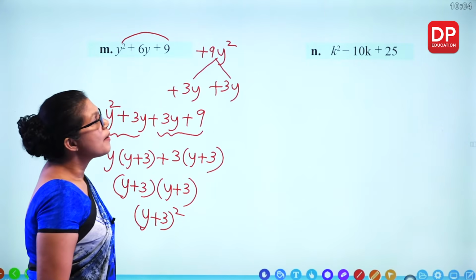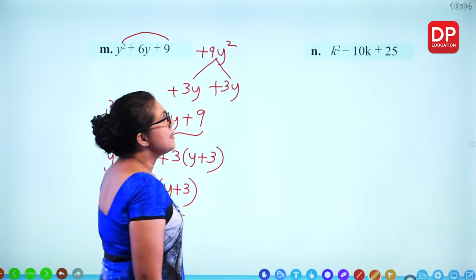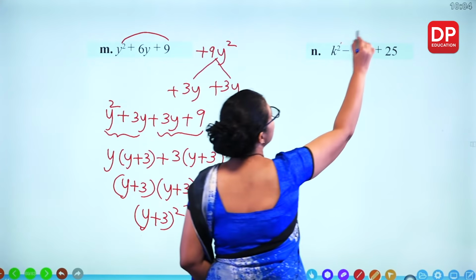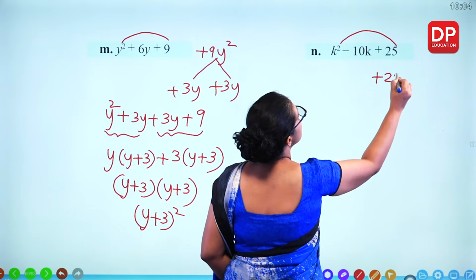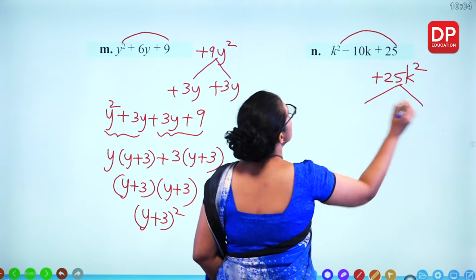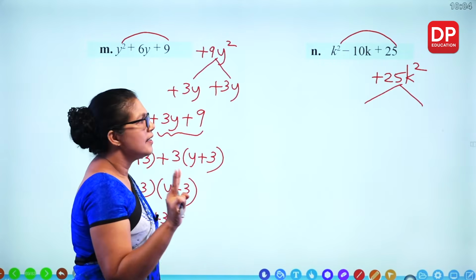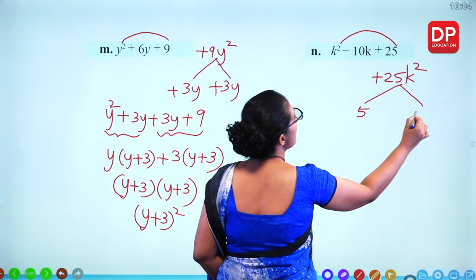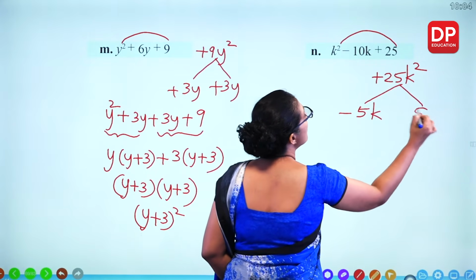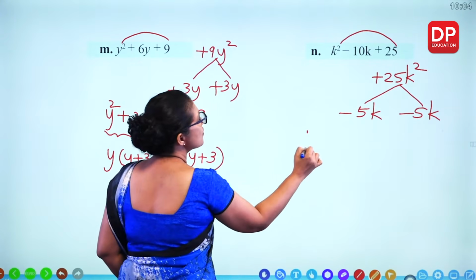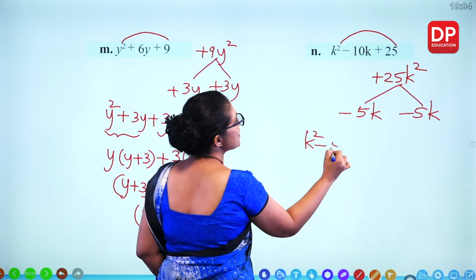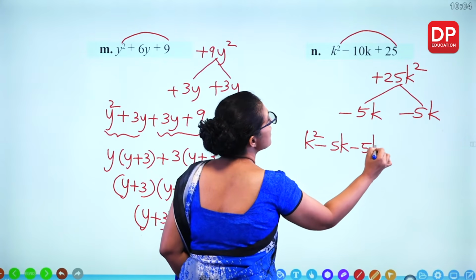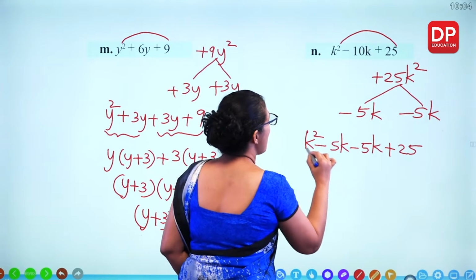This one, positive answer. Middle term is negative. So what's the condition? Both factors are negative. 25, what are the factors? 5 and 5. But both are negative. So k squared minus 5k minus 5k plus 25.